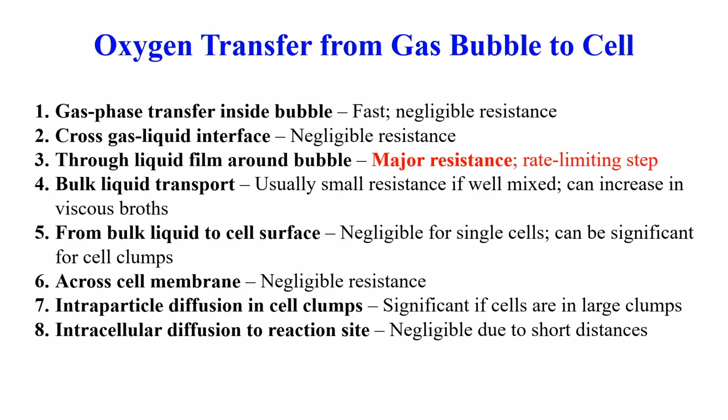So, you can see the oxygen transfer phenomena for all 8 steps. The first step, gas phase transfer inside the bubble, is negligible. Crossing the gas liquid interface also offers negligible resistance, and the third one, through the liquid film, offers major resistance, typically the rate limiting step here. Then transport through the bulk liquid usually offers a small resistance.